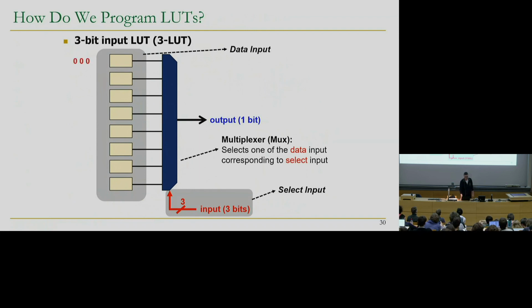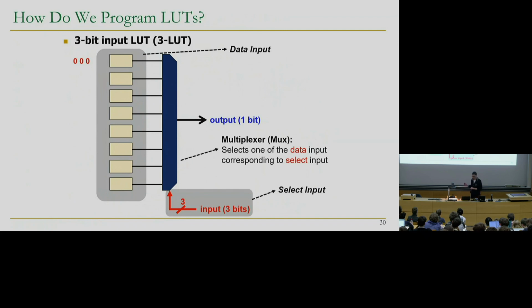And so let's assume that we want to implement a simple logic operation like AND or NOT, right? What this input is doing is, as I said, helping you select one of those memory bits here.